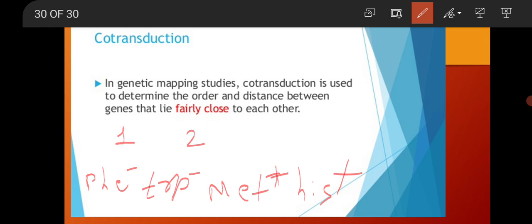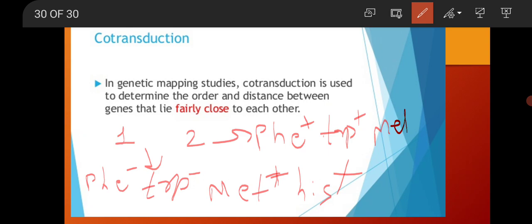This is your strain 1, and strain 2 is opposite. It is able to produce phenylalanine, able to produce tryptophan and unable to produce methionine and histidine. Okay, these are your two strains.